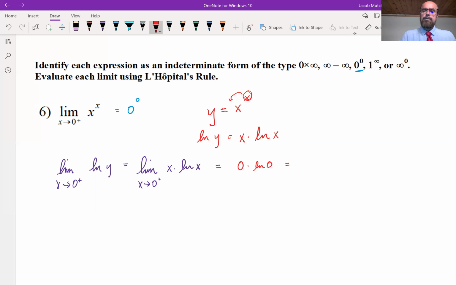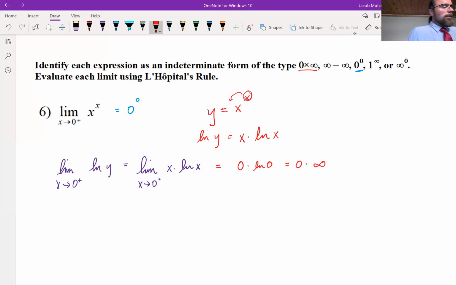So that is 0 times infinity. So I see that within this process, I'm kind of running against another one of the forms. So what we've got to do is kind of sidestep and evaluate this limit. And then we come back and evaluate the limit that we were tasked with at first.